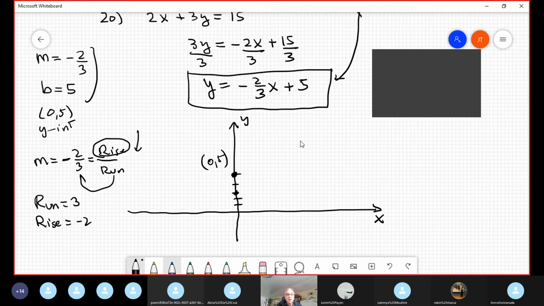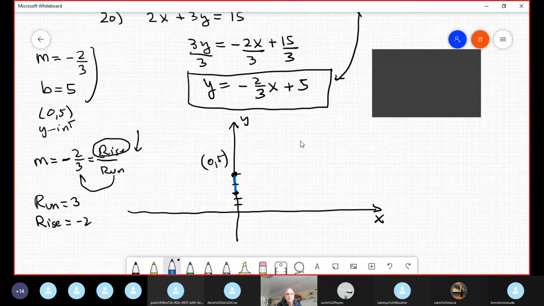Let me use another color to see. 1, 2, and 3 to the right.